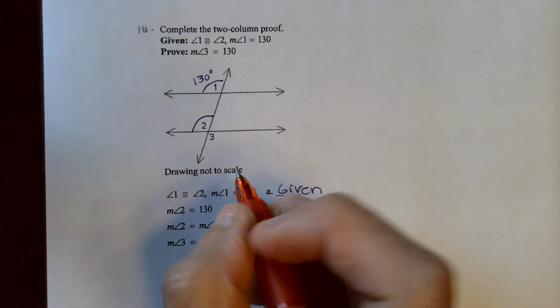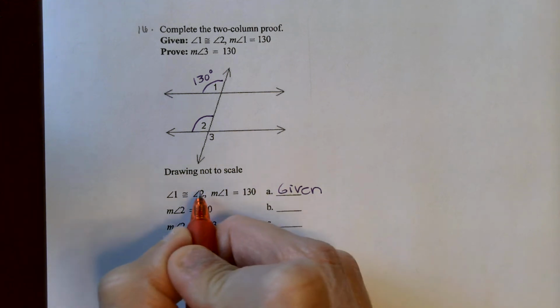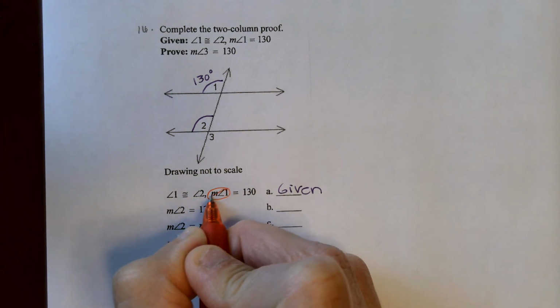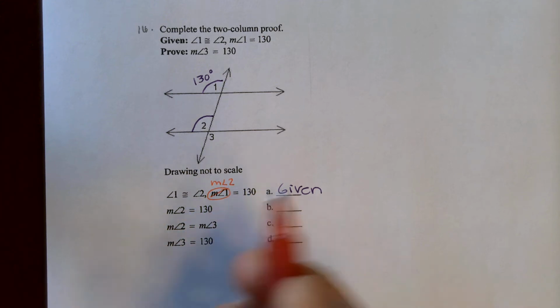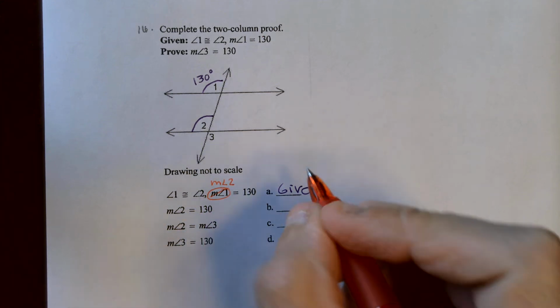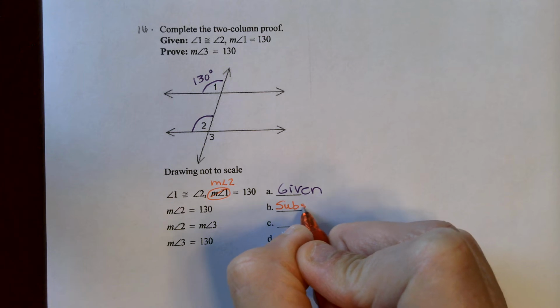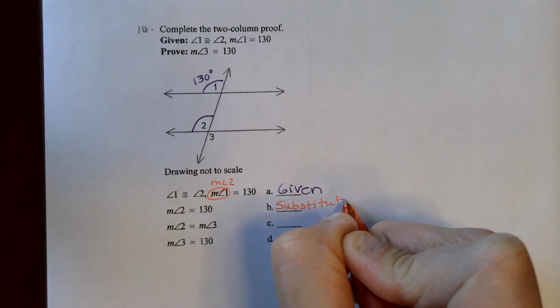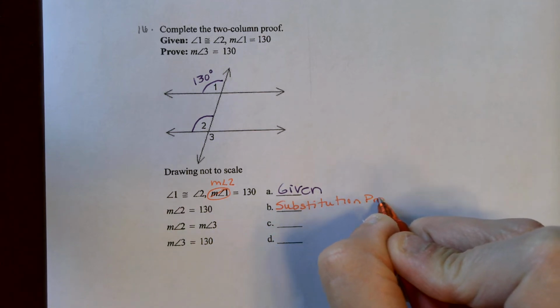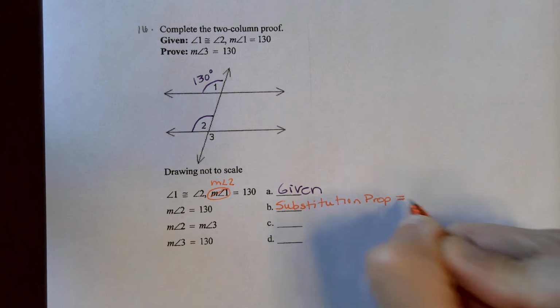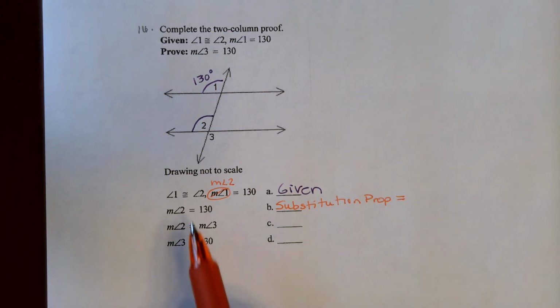So can I substitute, instead of measure of angle 1, put measure of angle 2? Yes, and that's what we did here. That's called substitution. And it is equality, because we are dealing in equal signs right here.